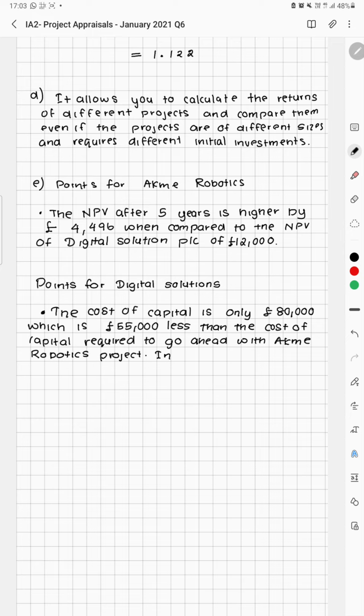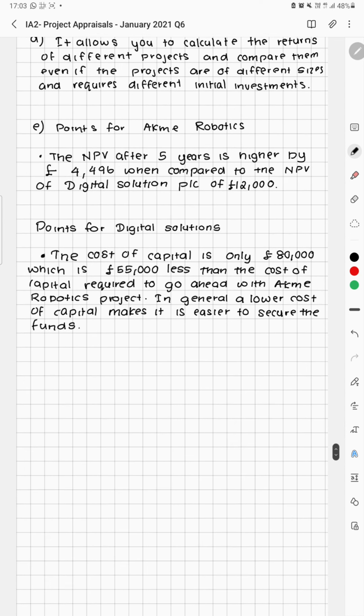In general, a lower cost of capital makes it easier to secure the funds. So simply put, it's much easier for a company to find 80,000 pounds as opposed to 135,000 pounds.